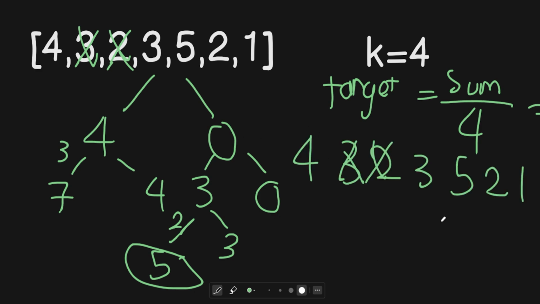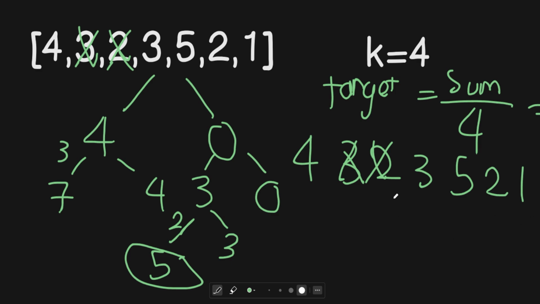What I mean by resetting is that we will have a smaller portion of the problem where we just need to find when the k is 3. So this is when we're resetting it.